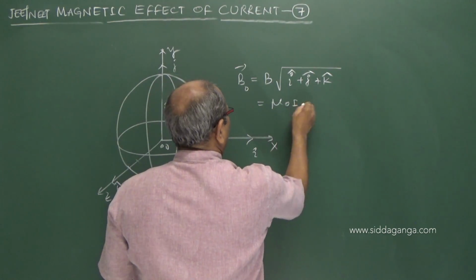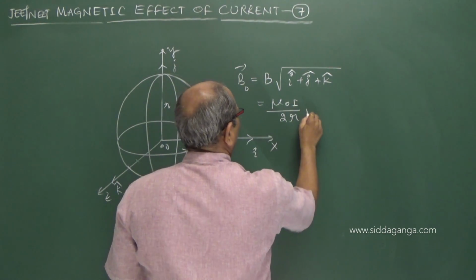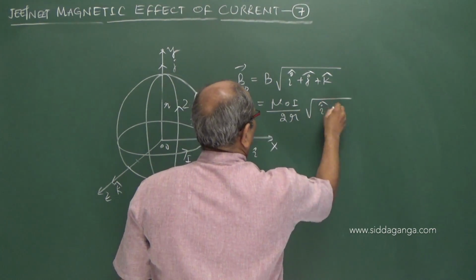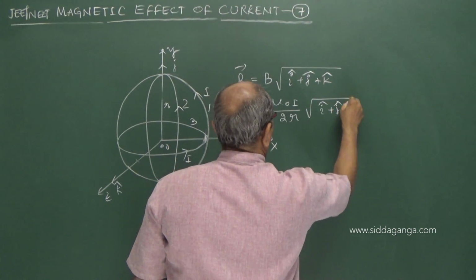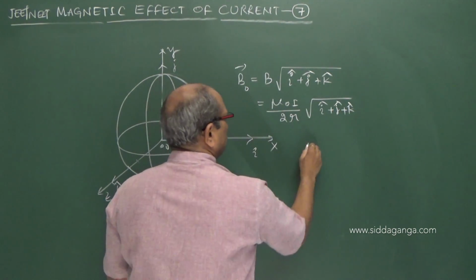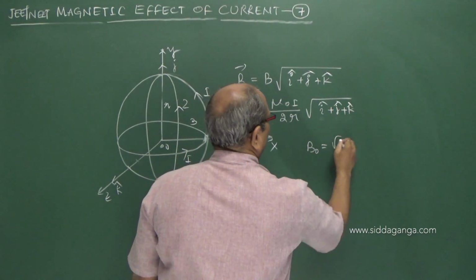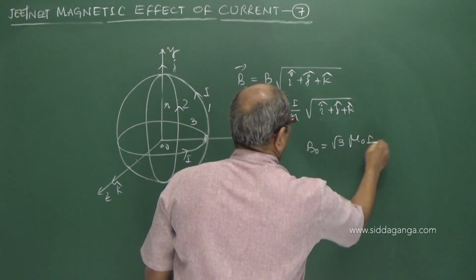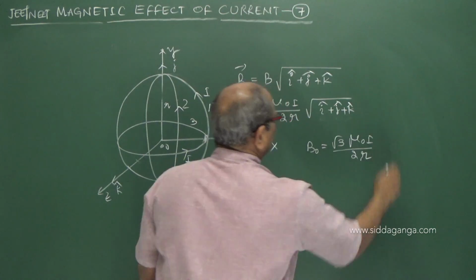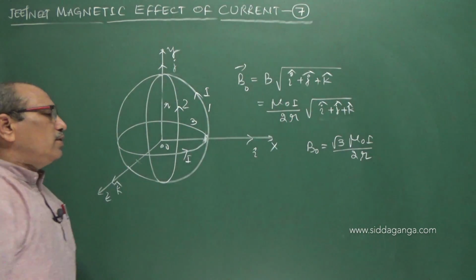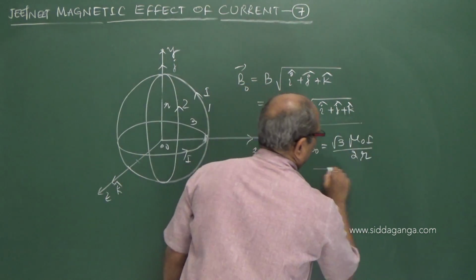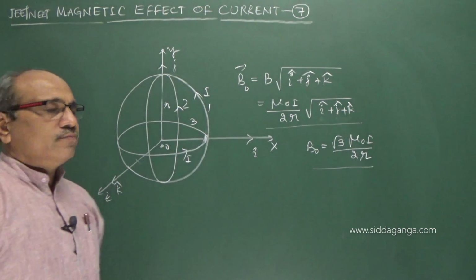Mu naught I by 2r into root of i plus j plus k. Suppose you want only the magnitude, it becomes root of 1 plus 1 plus 1, root 3. Root 3 mu naught I by 2r is the magnitude. That was in vector form; if you want the magnitude, we can write that.